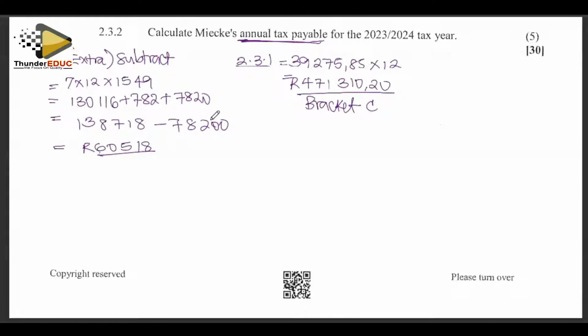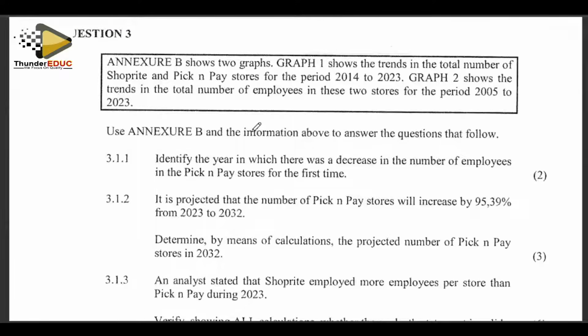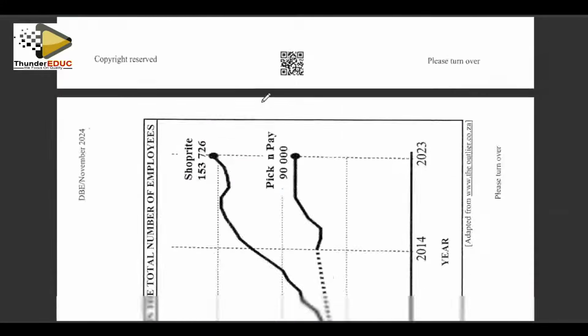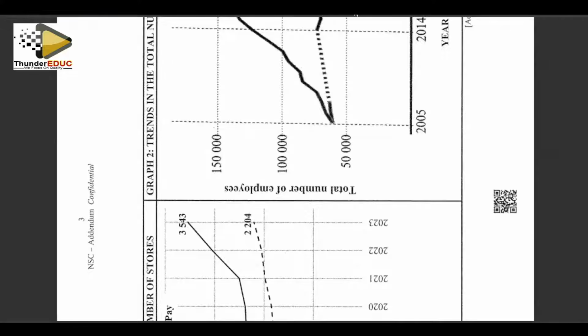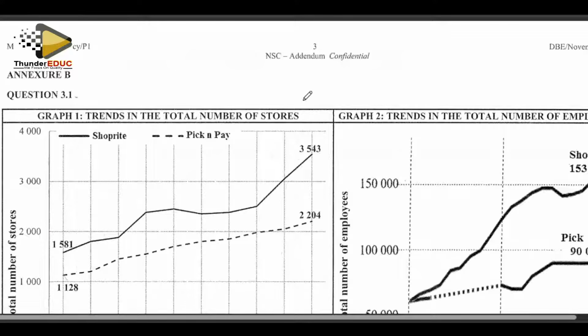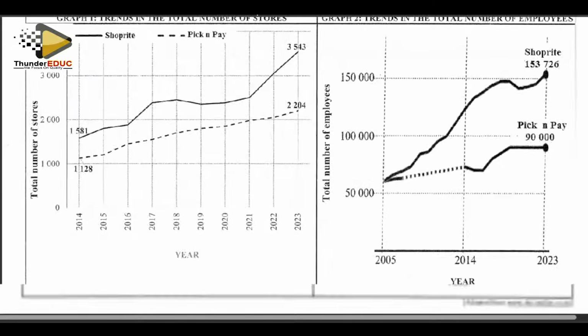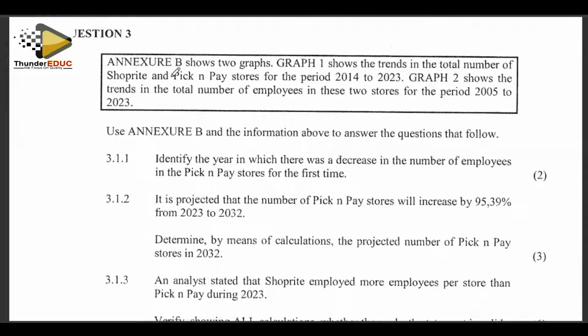Question number 3 carries data handling. All right, let's look at question number 3. Use an extra B. An extra B shows two graphs.